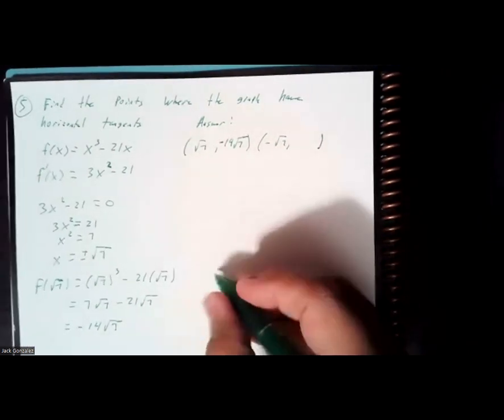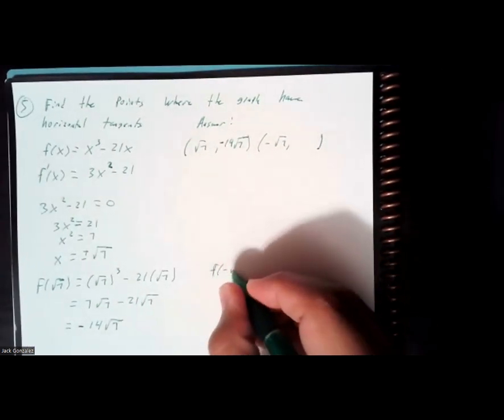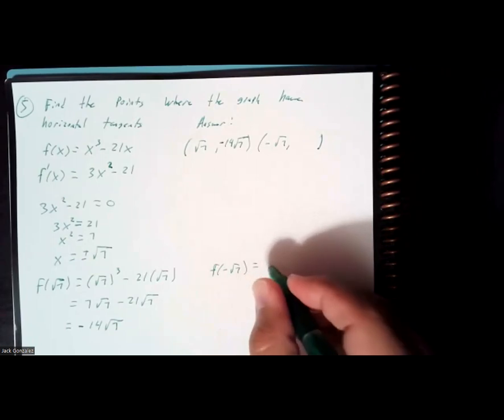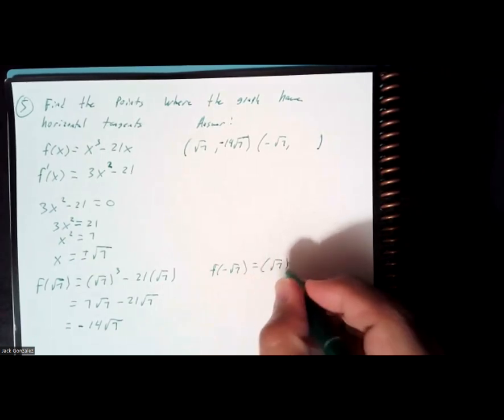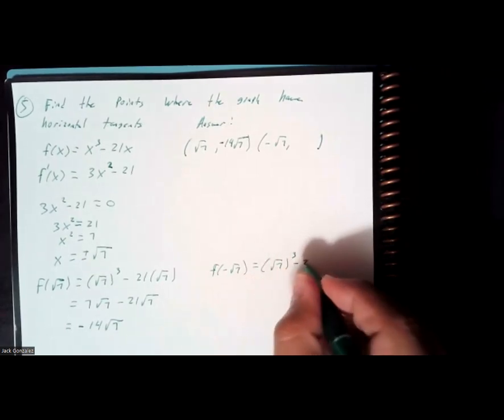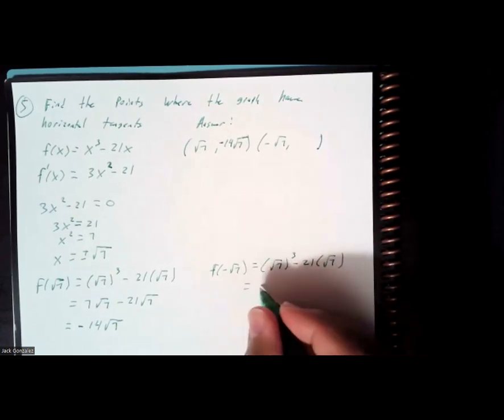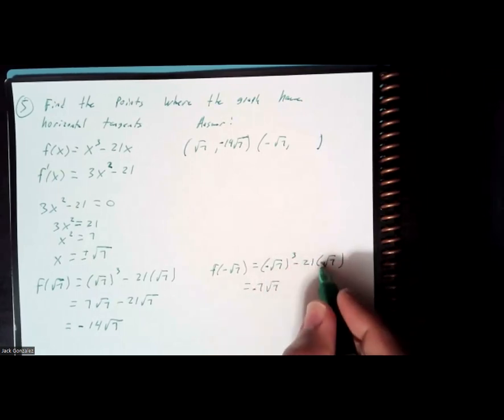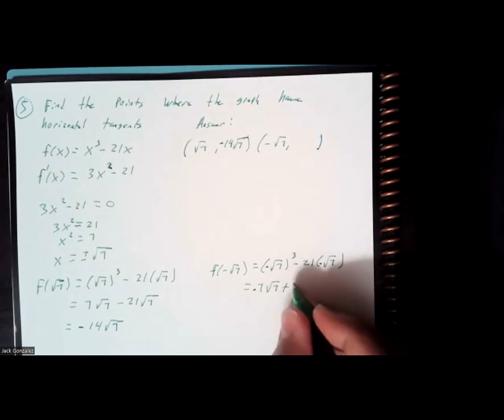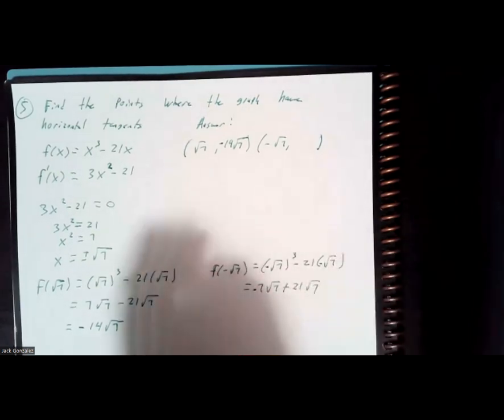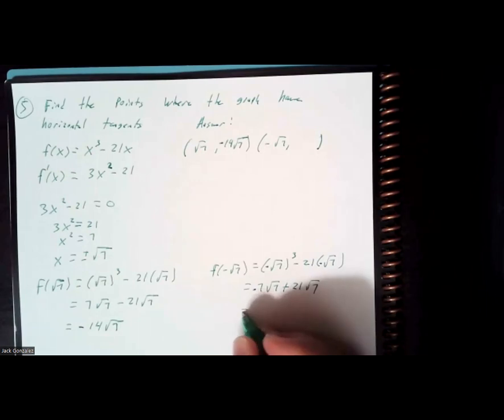Okay. Now let's plug in the negative. So that'll be negative root 7 cubed minus 21 times negative root 7. So that'll be negative 7 root 7 plus 21 root 7.